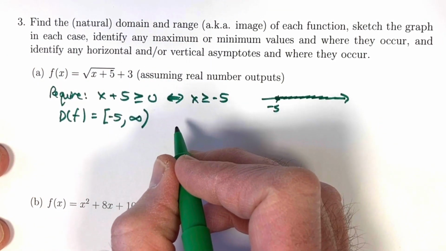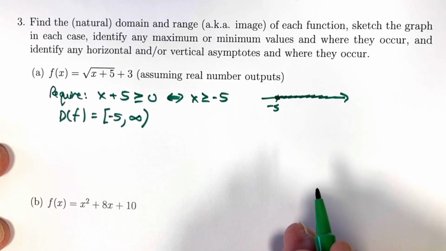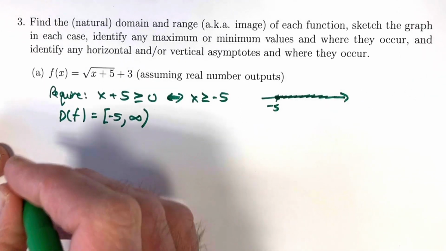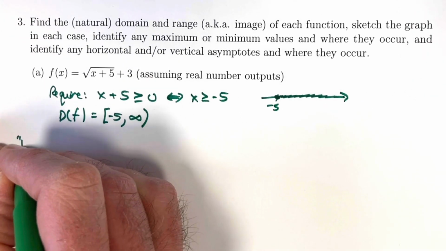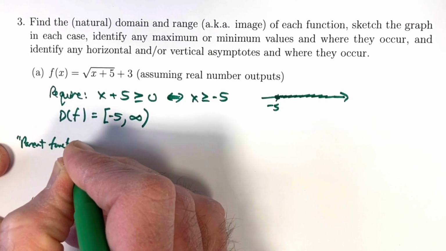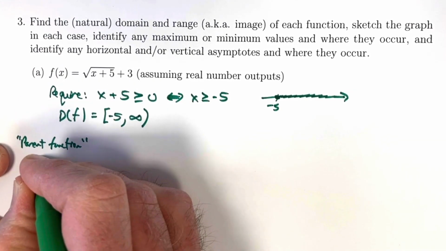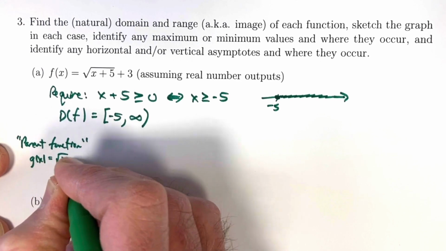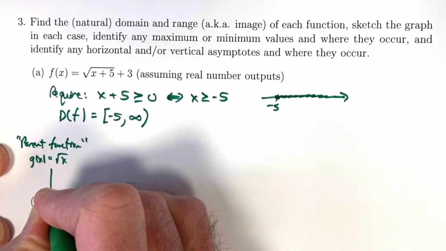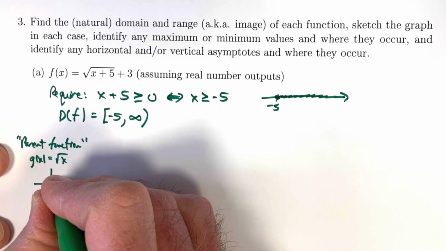How about the range? Well, now you need to know some things, if you're going to do it without a calculator at least. You would need to know that the so-called parent function of this given function, f of x equals this, you could call g of x, is just the square root function, and you can know from just memorization that its graph looks like this.